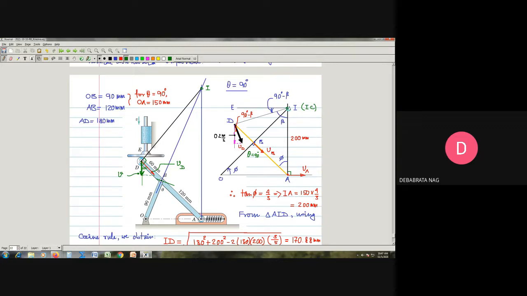This is the instantaneous center. Now I join this ID line, and perpendicular to it, that means this line is going to be perpendicular. So VD will be perpendicular to the line ID, and the component of this vector along the vertical direction, this pink line, is given to be equal to 0.2 meter per second, which is our small v in this problem.